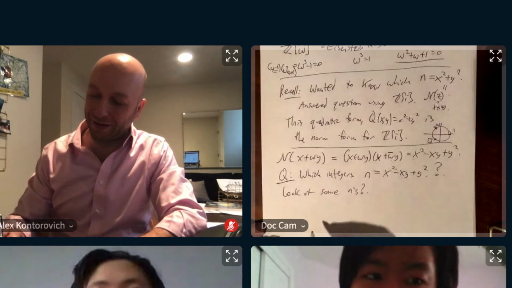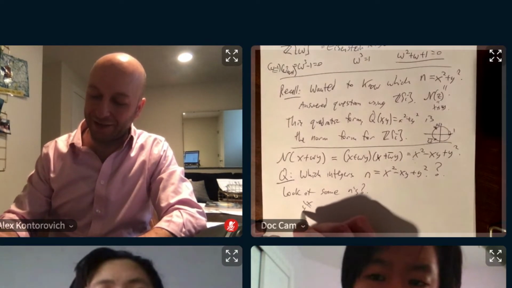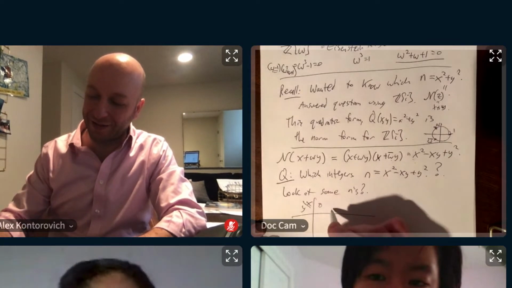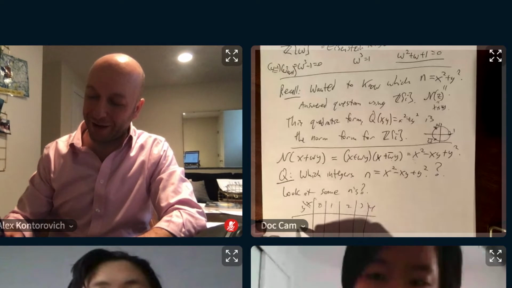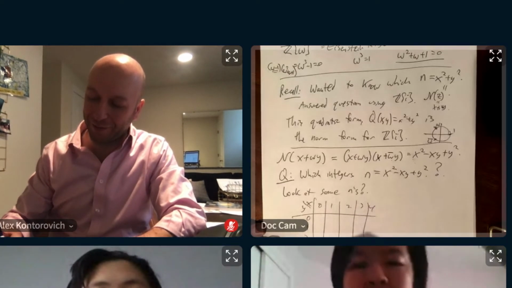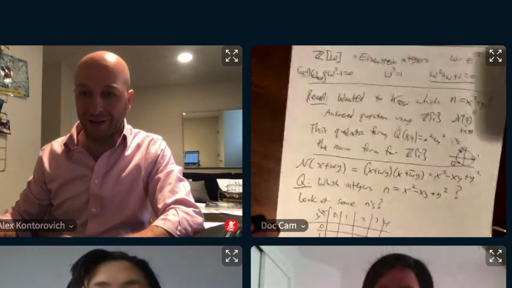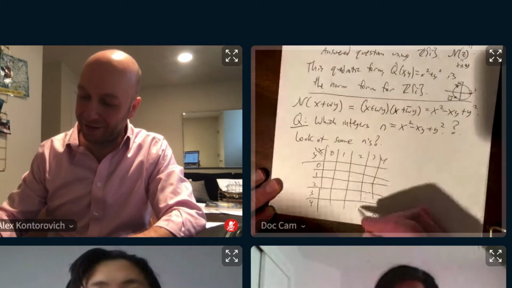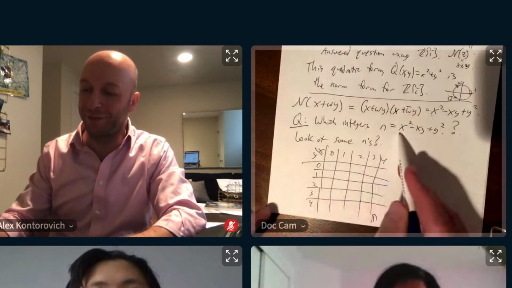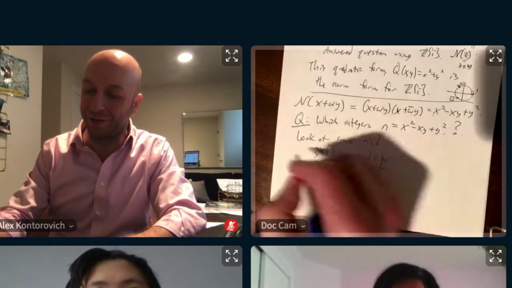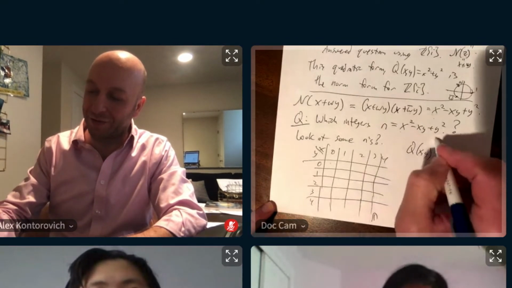All right. So let's make a little table of x's and y's. x is 0, 1, 2, 3, 4, and y is 1, 2, 3, 4. So we can do this in real time. Can you see this? If x and y are 0, we're looking at Q(x,y) being equal to this thing.